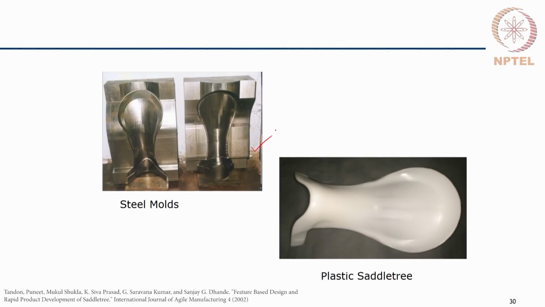These are pictures showing the finally manufactured tools. Once these simulations are done and the design of the mold is verified, one can go for production tools. And we have the production parts coming from that.